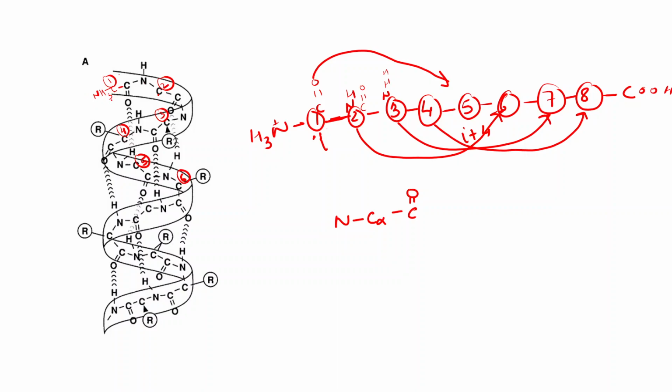whereas the terminal amino acids, like the first amino acid, is only making the hydrogen bond with the fifth amino acid. Its amino group is free. Even the second amino acid, if you see, has no hydrogen bond forming with its amino group. So the terminal amino acids will have one of the groups free, but the middle amino acids in the alpha helix will have hydrogen bonds with both the carboxylic and the amino group.